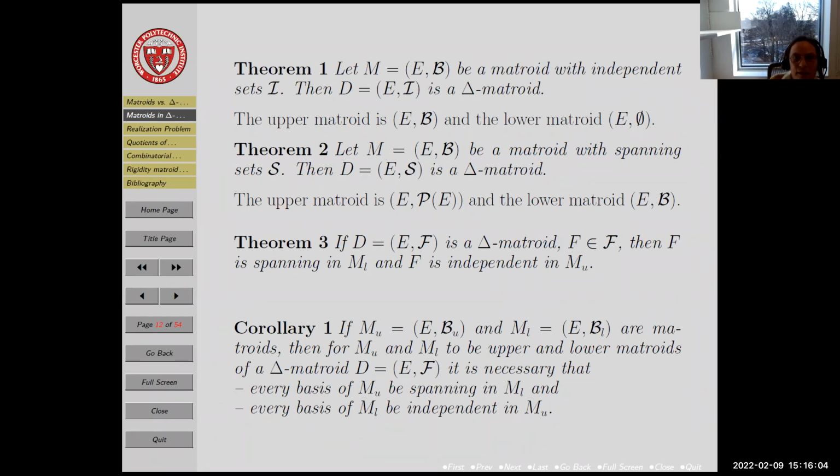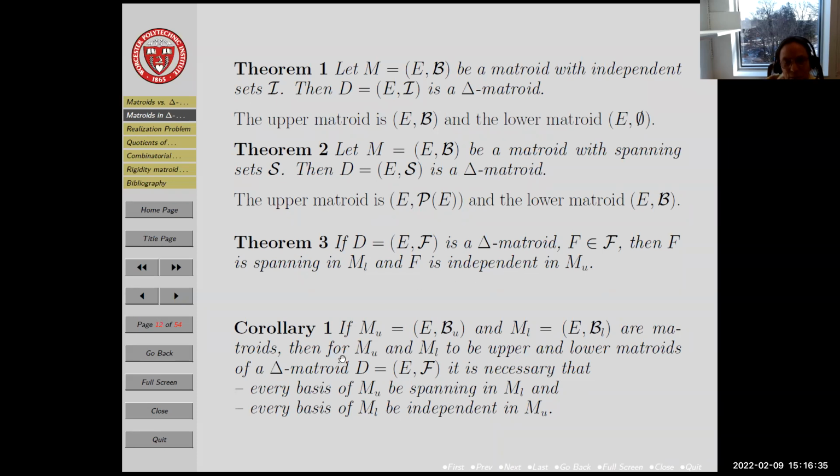And then you say, it's quite apparent that everything that is spanning in the upper matroid must also be spanning in the lower matroid, or if F is spanning in the lower matroid, then it's also independent in the upper matroid.